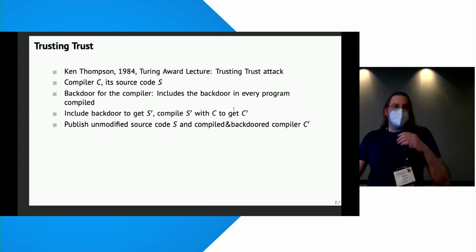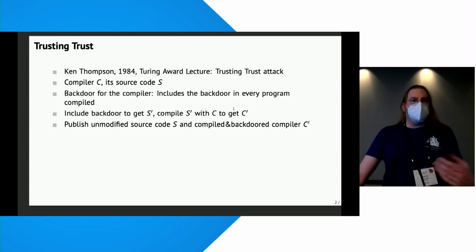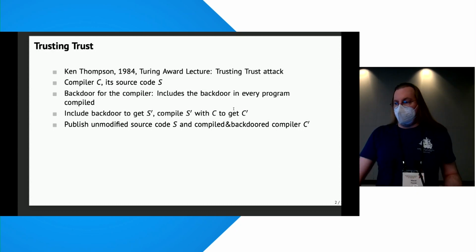Like, you've got your compiler C and your source code for the compiler S. And the backdoor, which he introduced is, well, you modify the compiler to include a backdoor into every program that gets compiled with it. And then you compile that compiler.